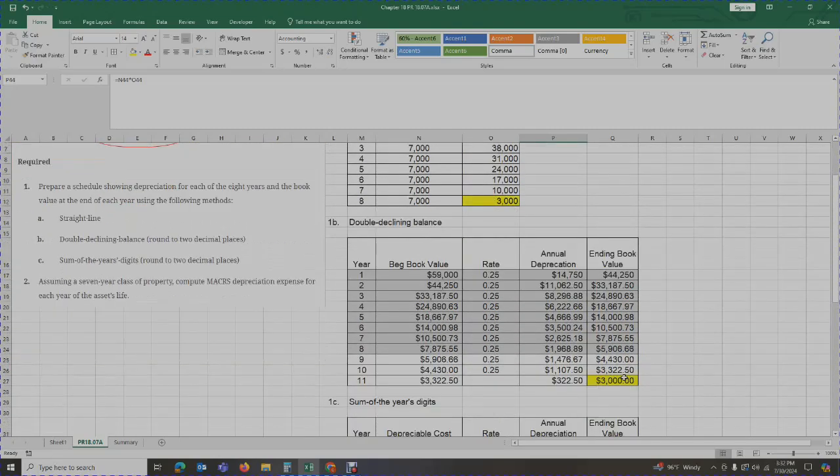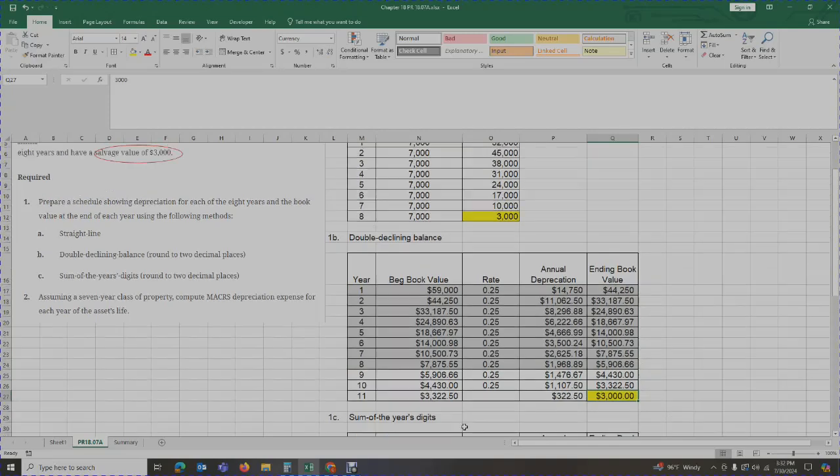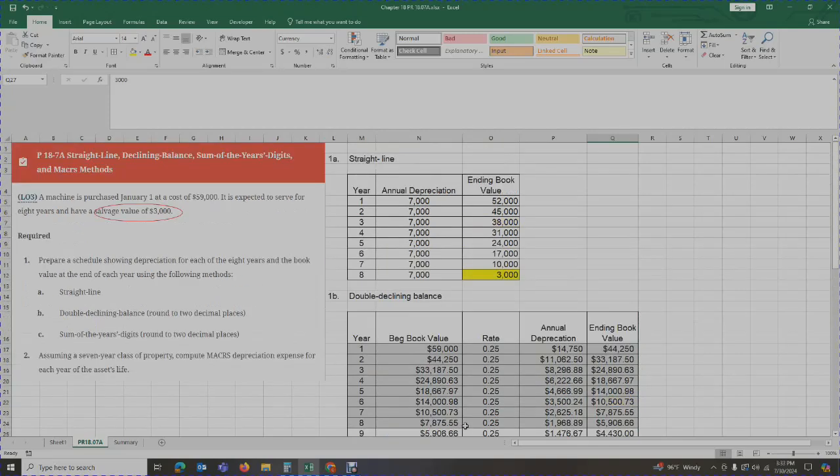I hope it helps you out in solving your homework problem. This problem will be on your exam, so make sure that if you have questions, you reach out to me. I believe that in your homework, you are only required to calculate the 8 years for the double declining. The other is just additional information to fully show you how to depreciate the asset until it reaches the residual value. That is it for this problem.